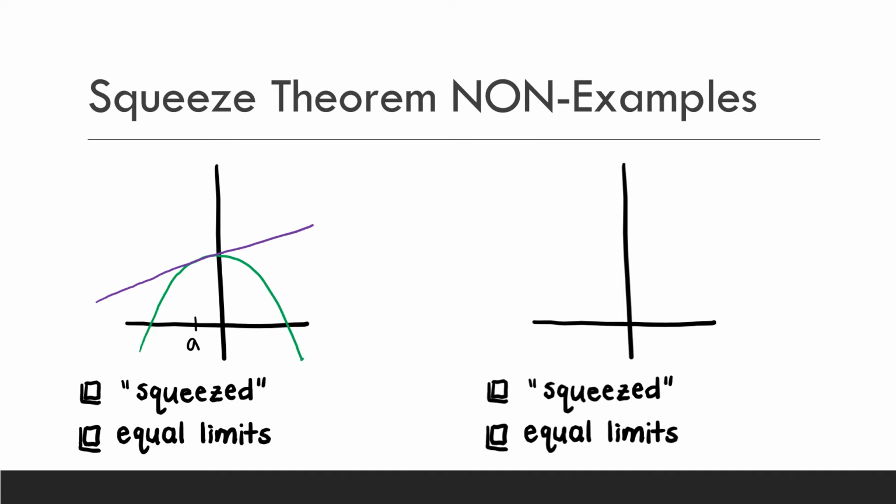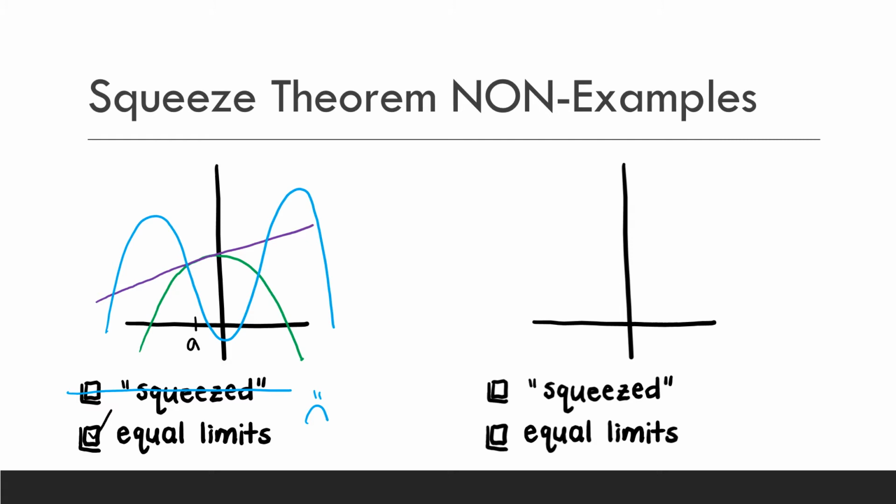So we have those equal limits. However, g of x might not actually be between these two functions. And if it's not between these two functions, then it's not actually squeezed. So even though they have equal limits, that doesn't mean that this other function has the same limit. So we couldn't apply Squeeze Theorem there.